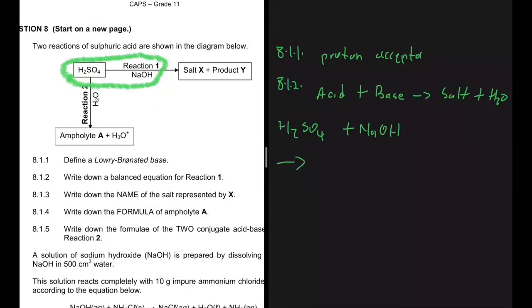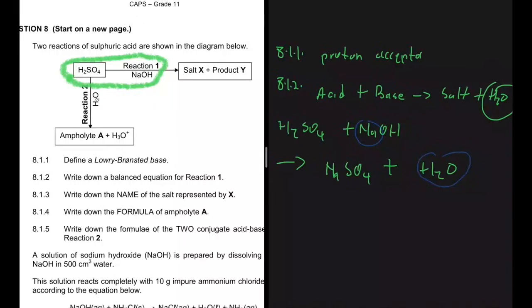So when the acid donates, we're going to have this H2O here from the general formula, right? So we're going to have H2O. If we have H2O on the acid, we're going to be left with SO4. So this Na, which was accompanying the OH, which turned to H2O, will be here with SO4, right?